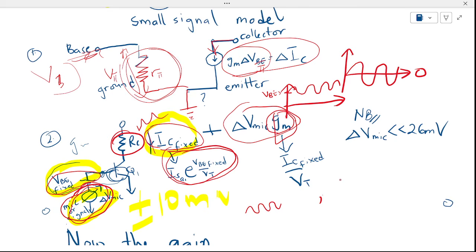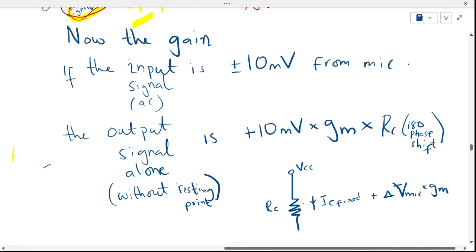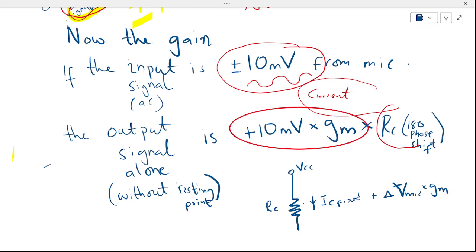So the input voltage from the microphone is plus or minus 10 millivolts sinusoid, and the output voltage is this small signal current times the resistor, because we need a resistor to change current. This term alone is current. To change current into a voltage, we need to multiply the current by resistance, and when that is done, we now have the output voltage giving us this.